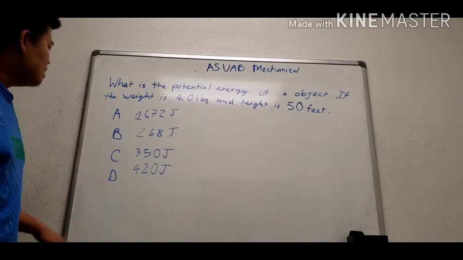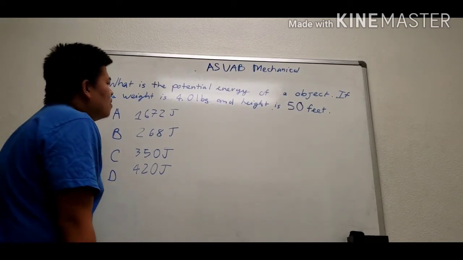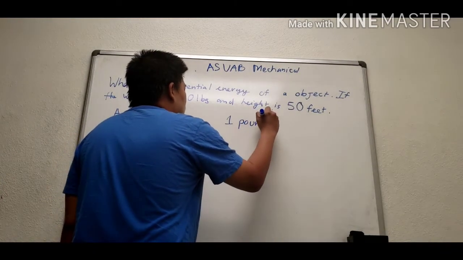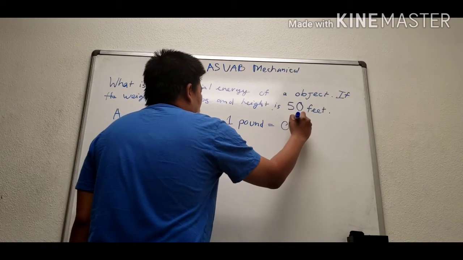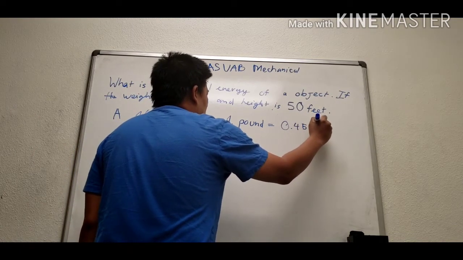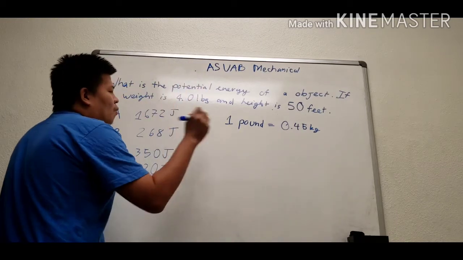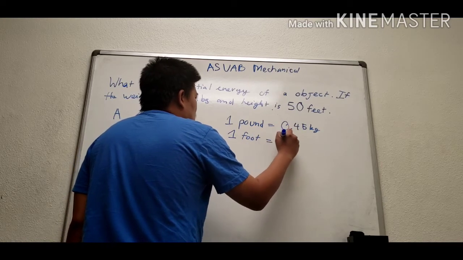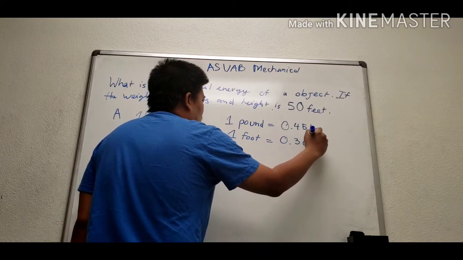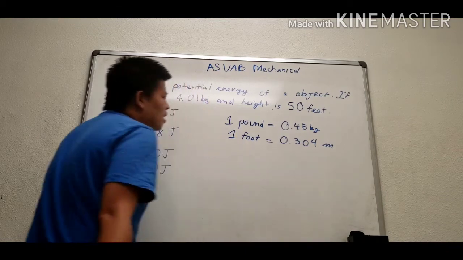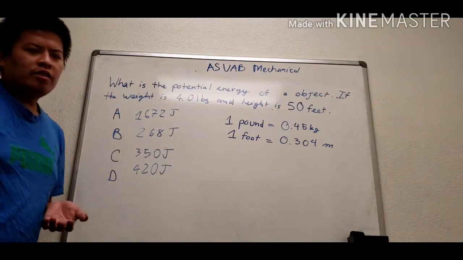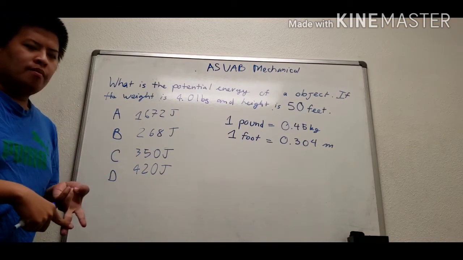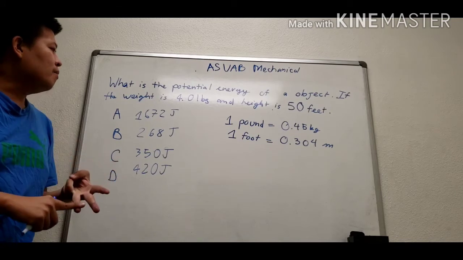So we have A, B, C, D. In here, we need to convert 1 pound is about 0.45 kilograms and 1 foot is about 0.304 meter, because the potential energy and the kinetic energy use kilograms, meter per second and meters.